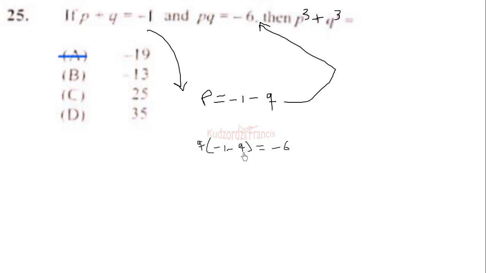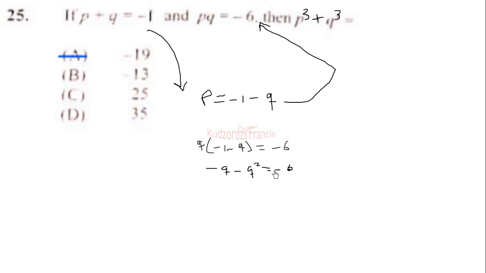So what next do we do? Let's expand this. We get -Q minus Q squared is equal to -6.